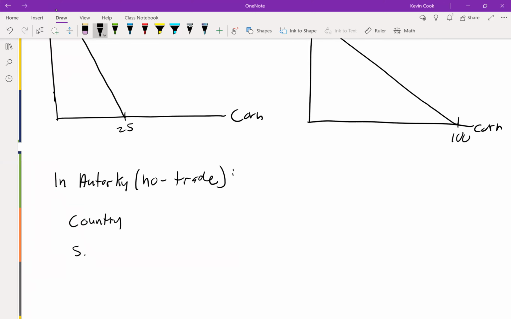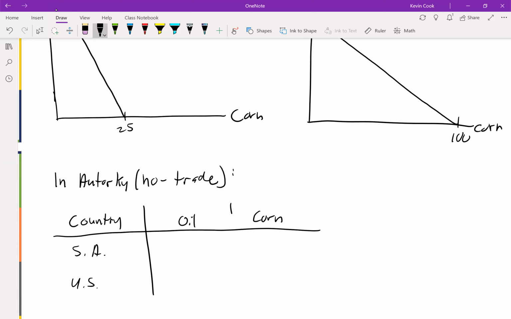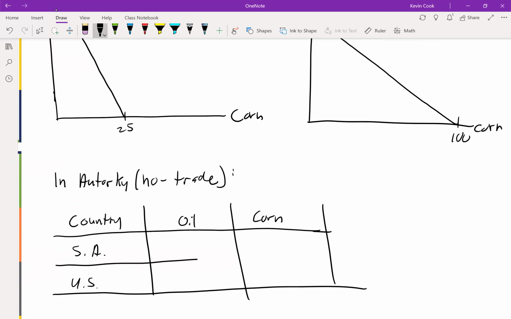We have Saudi Arabia and the US. Then we have oil and corn. So we have all this going on.